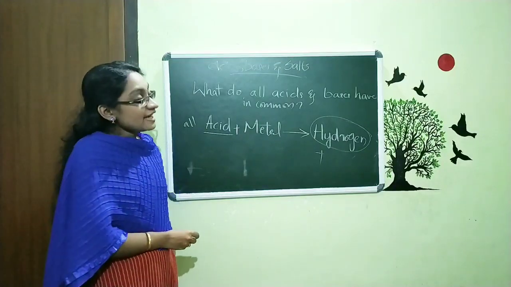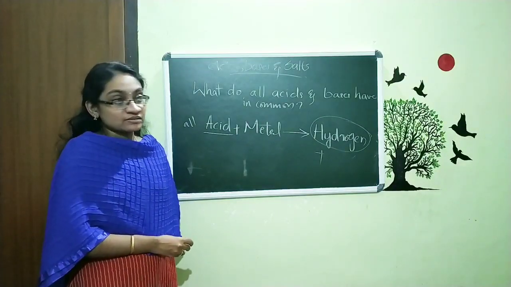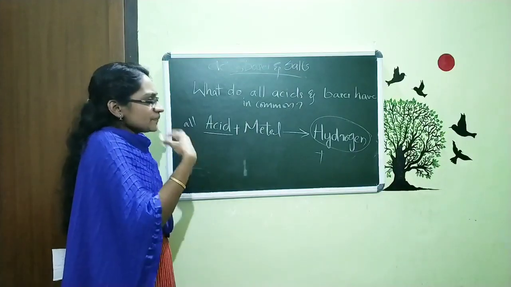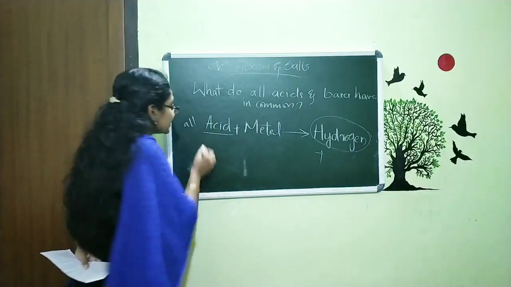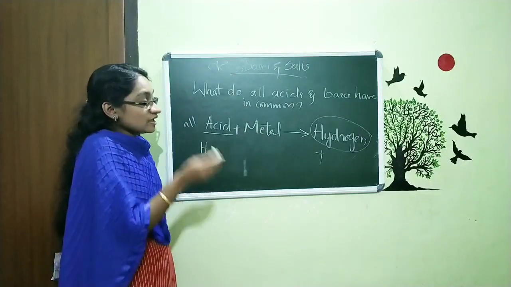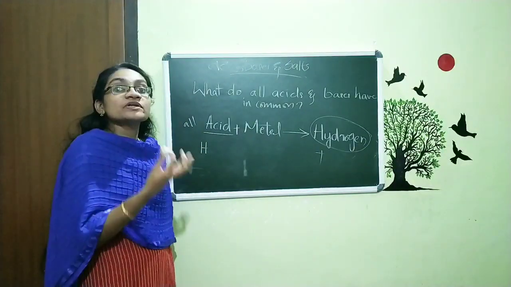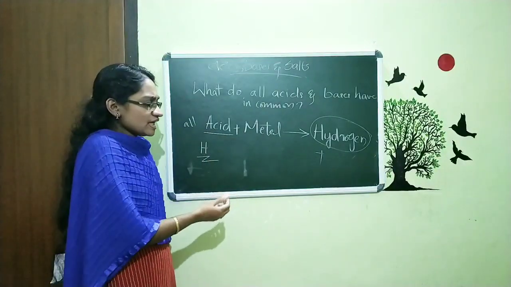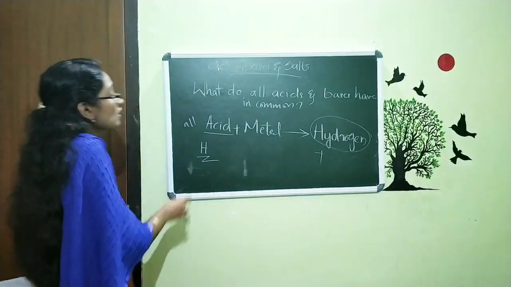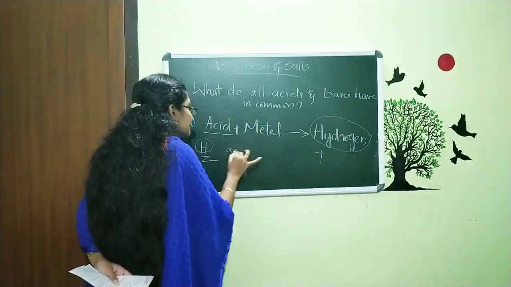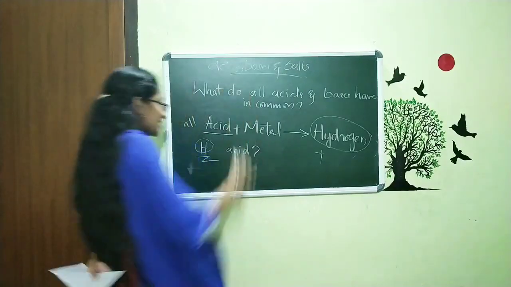Now the question is, we have a number of different types of compounds, and many compounds include hydrogen. That means for making the compound, one of the atoms is hydrogen. Now the question is, are all compounds including hydrogen acids?